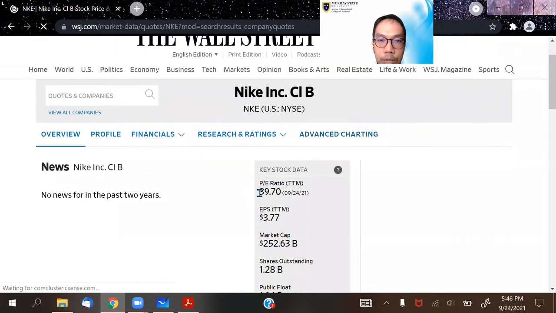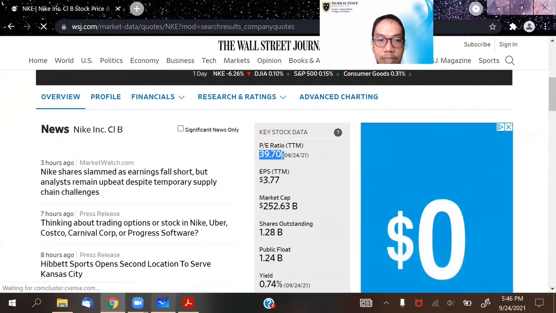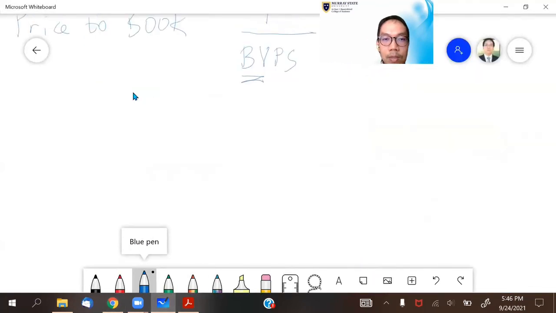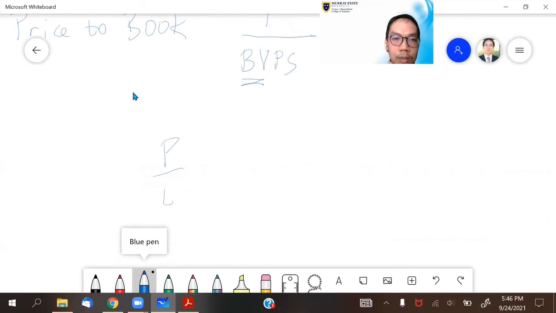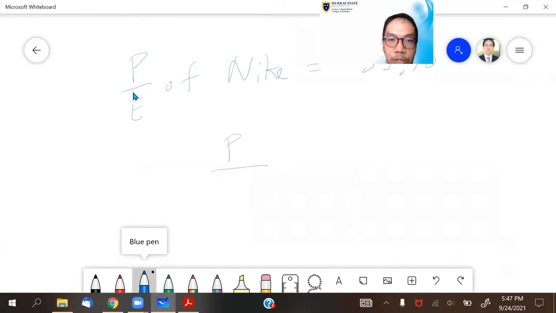Look at the P/E ratio here, 39.70. So the P/E ratio of Nike is 39.70. You can imagine, PE means price to earnings per share equals 39.70.